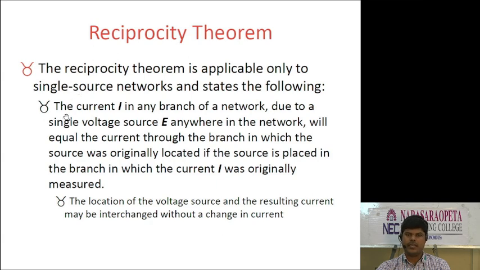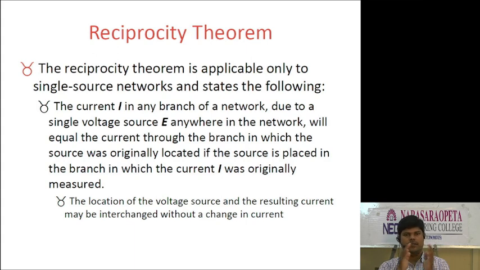What it says is that the current I in any branch of the network due to a single voltage source E anywhere in the network will equal the current in the branch in which the source was originally located if the source is placed in the branch in which the current was originally measured. Even if we interchange the voltage source and the load, the response will be the same. That is nothing but your reciprocity theorem.